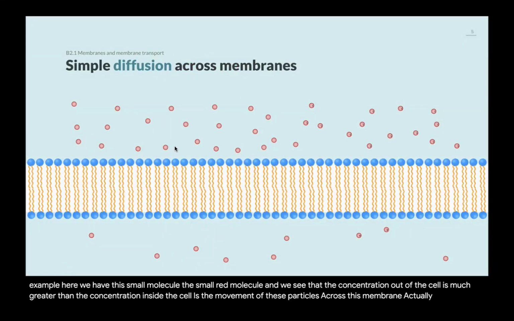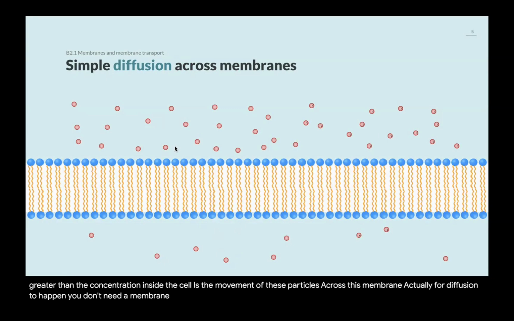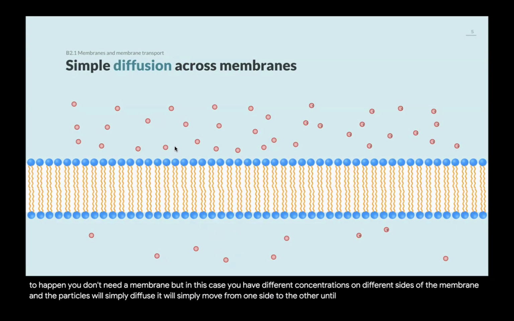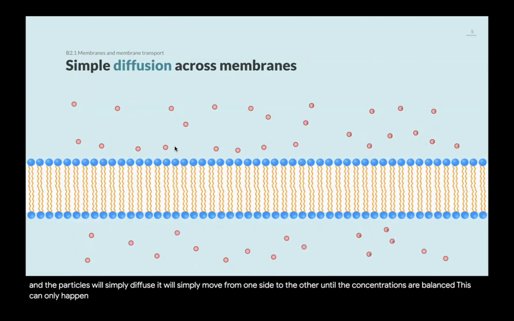Actually, for diffusion to happen, you don't need a membrane. But in this case, you have different concentrations on different sides of the membrane, and the particles will simply move from one side to the other until the concentrations are balanced. This can only happen to nonpolar or small molecules like carbon dioxide and oxygen.